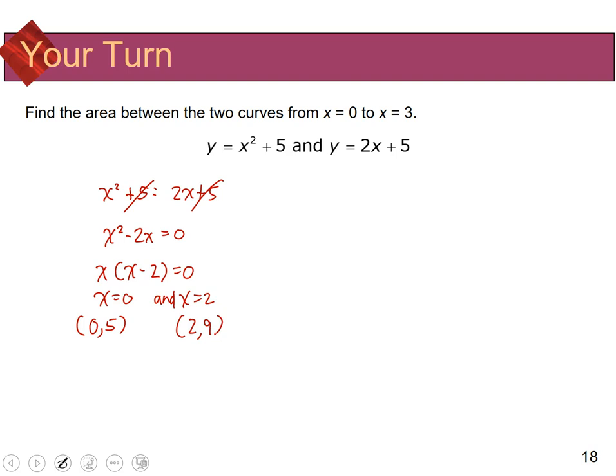So if I look at a really quick rendition of the graph like this, it's going to be rather small though. 2x plus 5 looks something along the lines of this. At 2, 9 and at 0, 5 is where these two graphs meet. And what you would see essentially is that it looks like this.